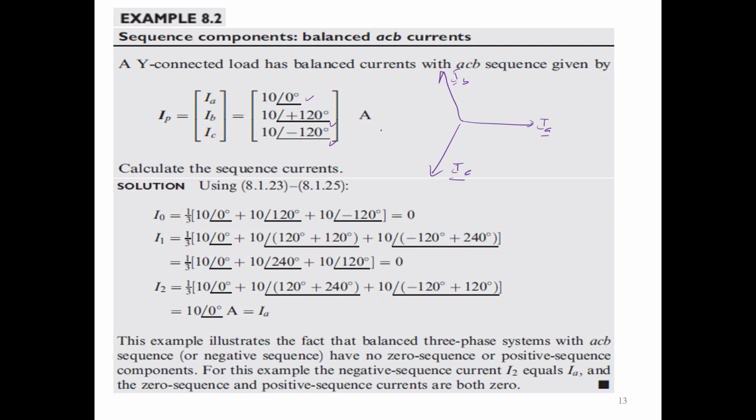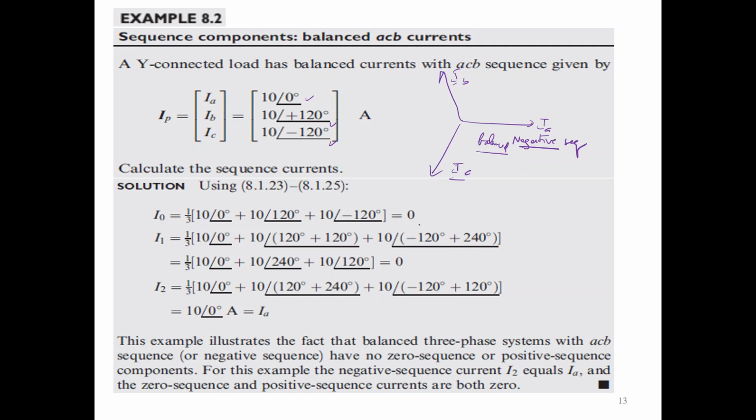Everybody knows that this is the negative sequence. Okay, negative sequence. The angle separation is 120 with equal magnitude. So this is balanced negative sequence. If this is balanced negative sequence, everybody knows that there is no zero sequence.